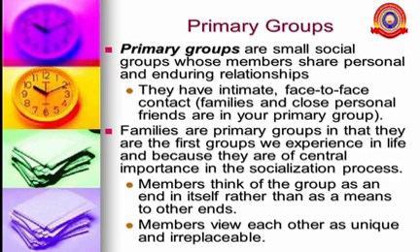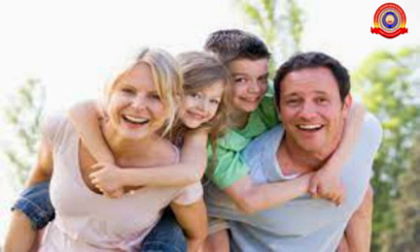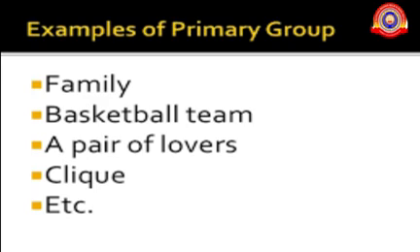Members view each other as unique and irreplaceable. This is a picture of a family. This is a primary social group. Examples of primary groups: family, basketball team, a pair of lovers, clique, etc.